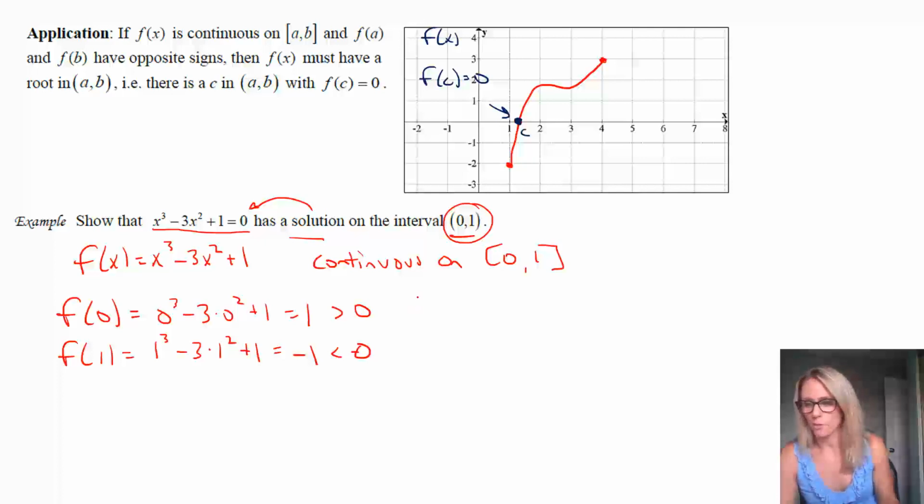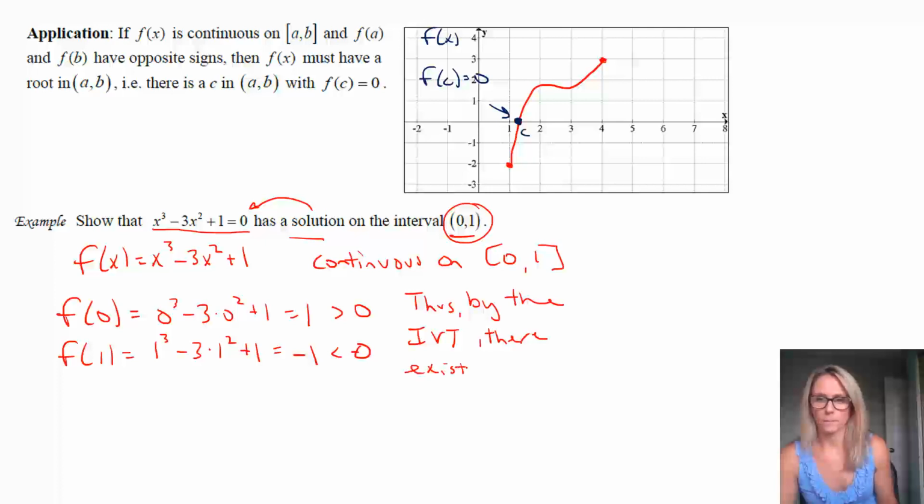So now we can say, thus, very mathematical, thus, by the IVT, it's okay to say IVT because intermediate value theorem is long, there exists a c, and I'm going to use set notation here, c in the interval from 0 to 1.